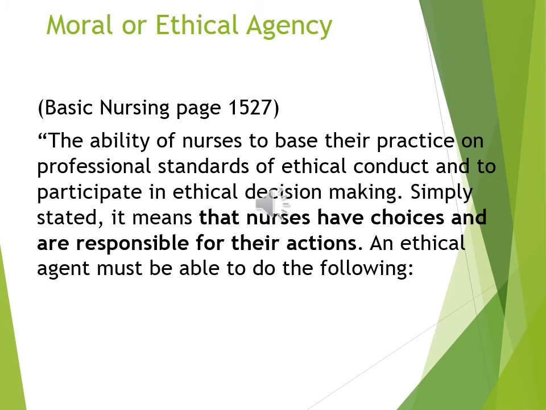Then we have the moral ethical agency, the ability of nurses to base their practice on professional standards of ethical conduct and to participate in ethical decision making. It simply means that nurses have choices and we're responsible for our actions. So it means whatever we decide, we better be accountable and responsible for what our decision is. An ethical agent must be able to do the following.